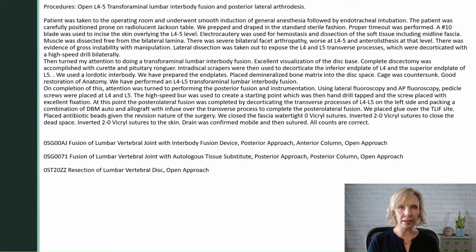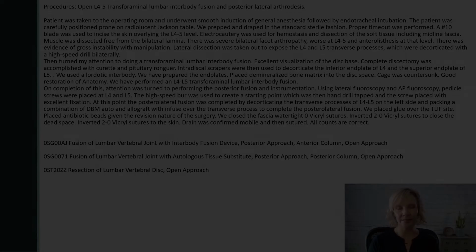Pedicle screws were placed, and the posterior lateral fusion was carried out by decorticating the transverse processes of L4 and L5, followed by packing a combination of DBM, auto, and allograft combined with Infuse over the transverse processes. This completed the posterior lateral fusion. Closure was then done, and the procedure was complete.